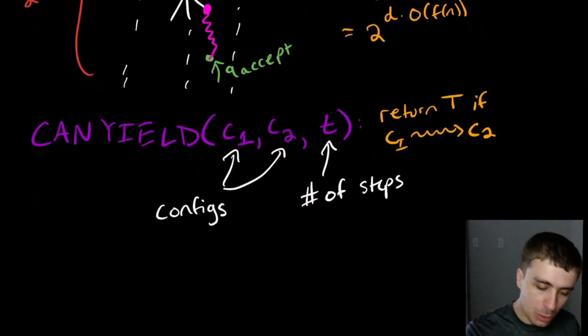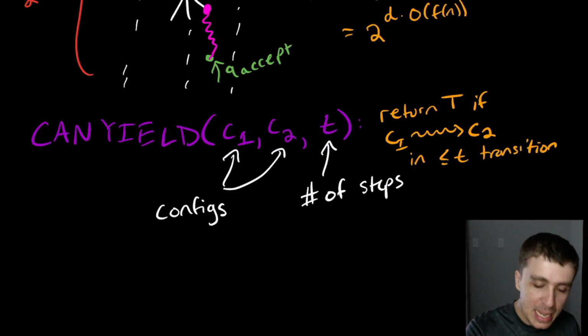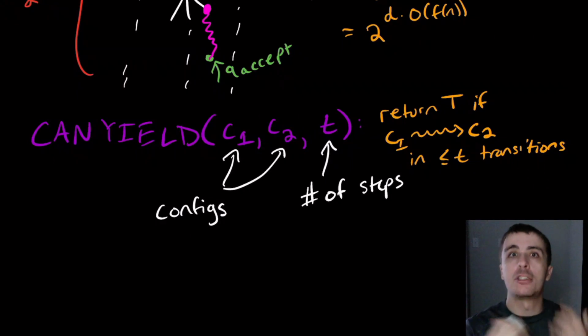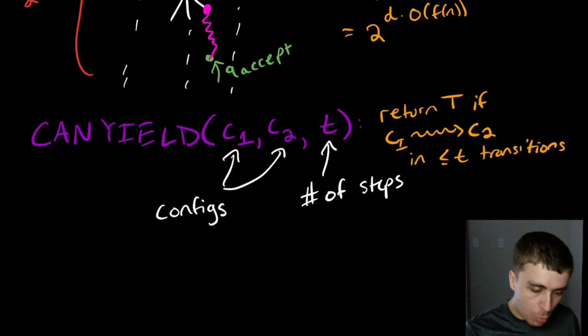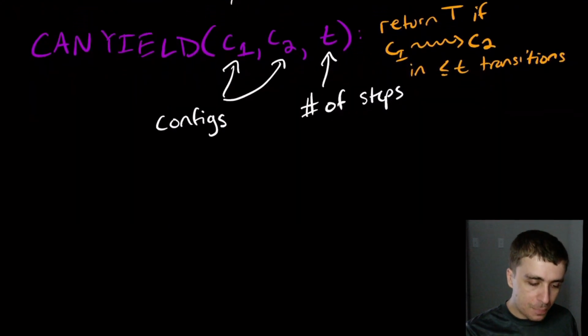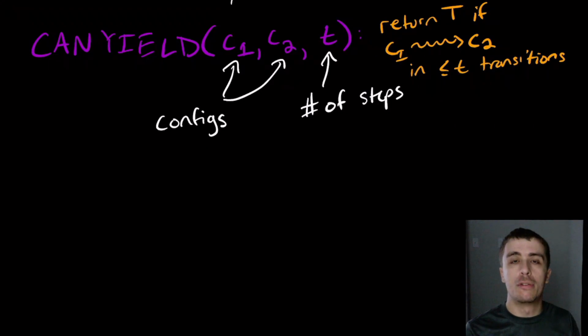So actually you can define it in terms of at most T transitions. But T is the upper bound of the number of transitions that were allowed. Okay? So then we can actually define CanYield in terms of itself as a recursive function.